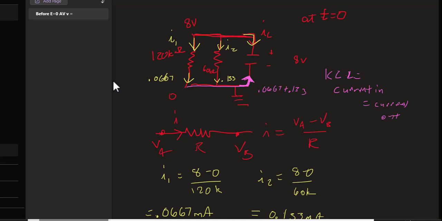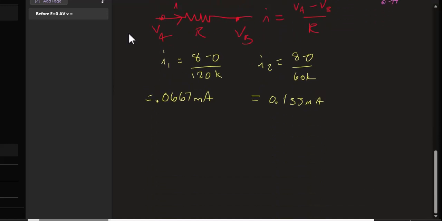But that is going up, and IC is going the other direction, so IC has to be negative. So IC is negative 0.2 milliamps. This is at t equals 0.